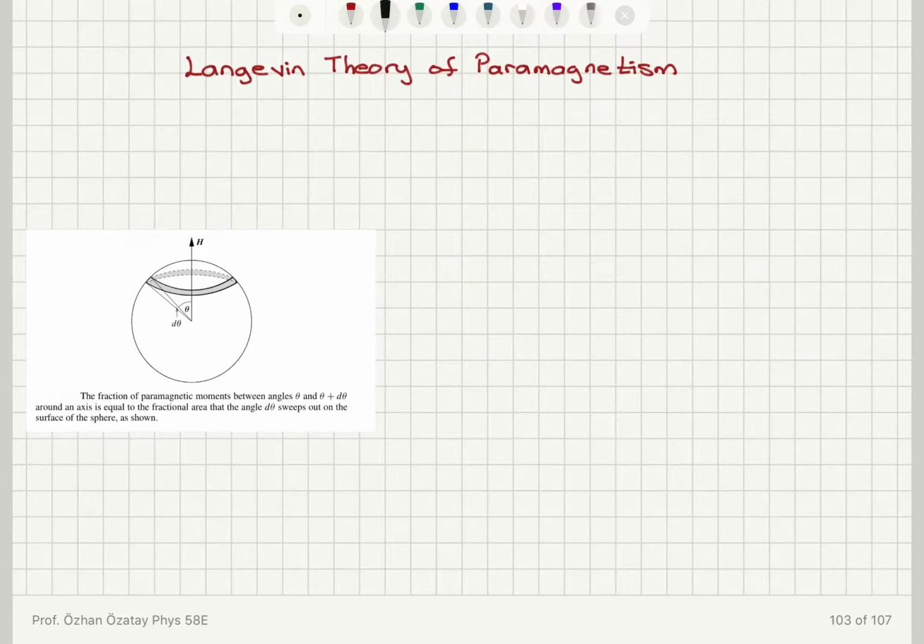And if a moment makes an angle theta with respect to the applied field, there is going to be an energy associated with this moment.